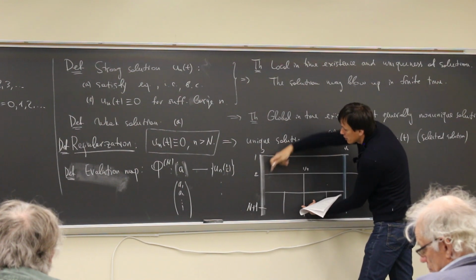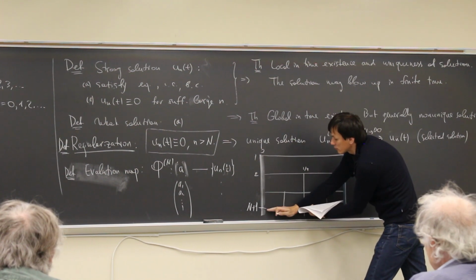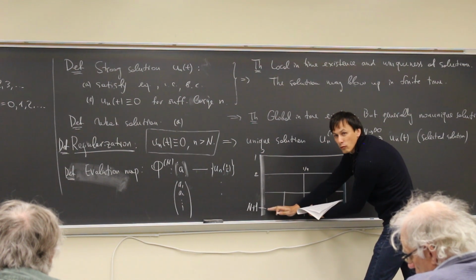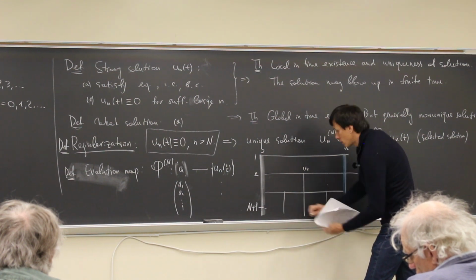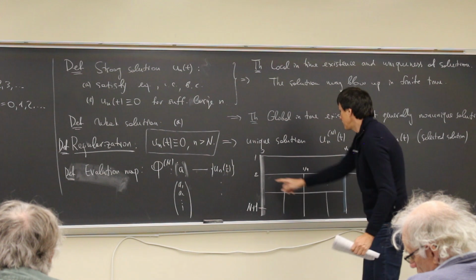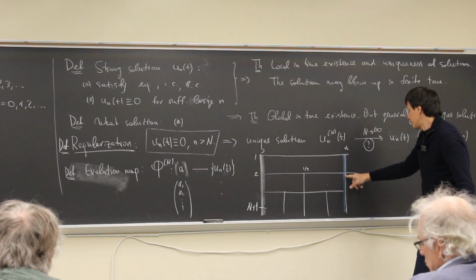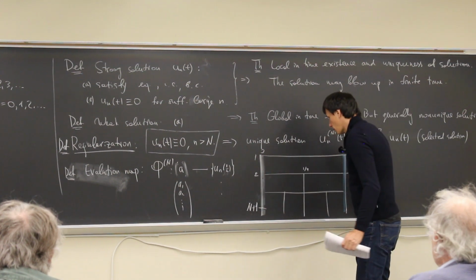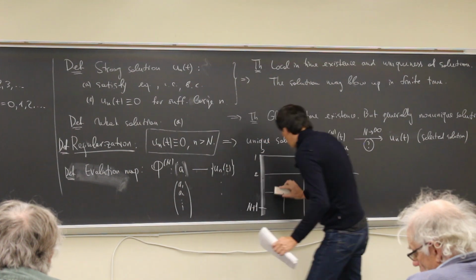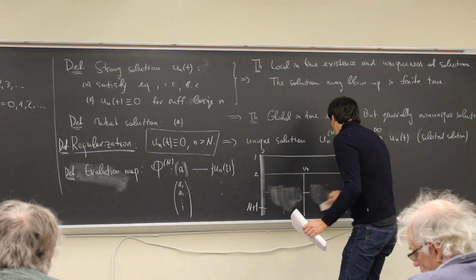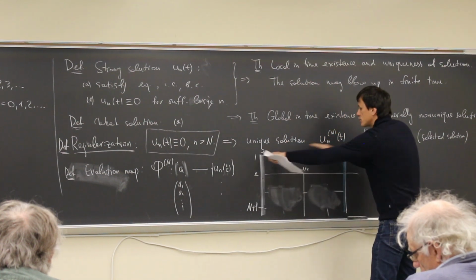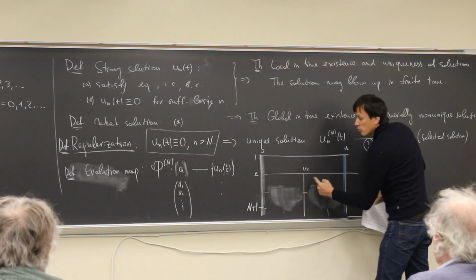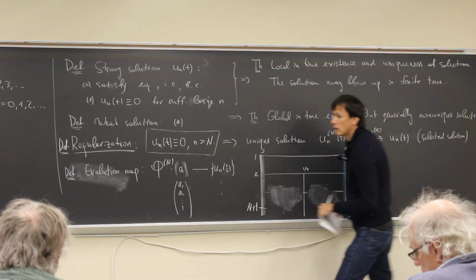Only the smaller system will be regularized at scale less than 1. In other words, the large system is the same as these smaller blocks by self-similarity.